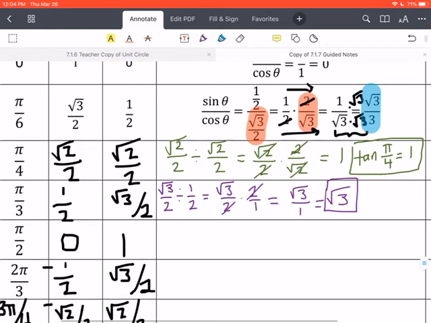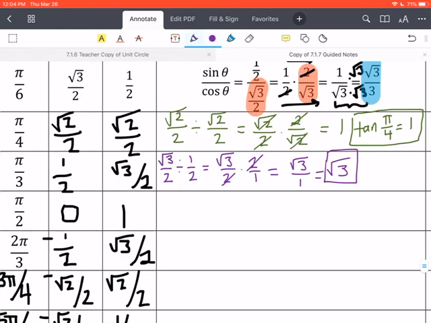Keep going. Okay, now here we see that the sine is 1, and we're dividing that by the cosine. Well, go ahead and do 1 divided by 0. What do you get? You cannot divide by 0. So the tangent of pi over 2 is undefined. Don't tell me it's 0. That is incorrect.